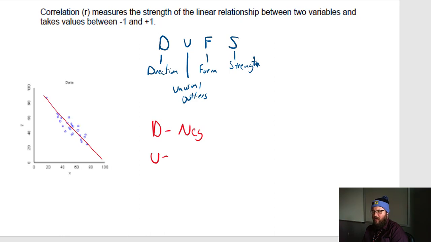Is there any dots way over here? Now again, with outliers, they're very apparent. You can see them. You would see a dot way over here, or you'd see a dot way up here. That would be an outlier. But we don't have any of those in this graph. So, no outliers.